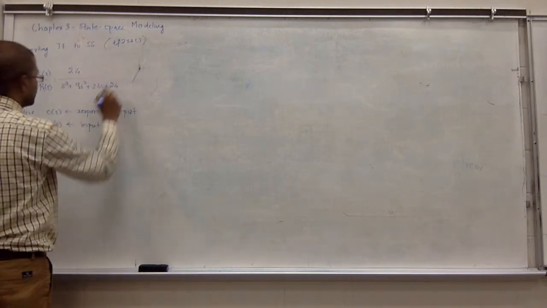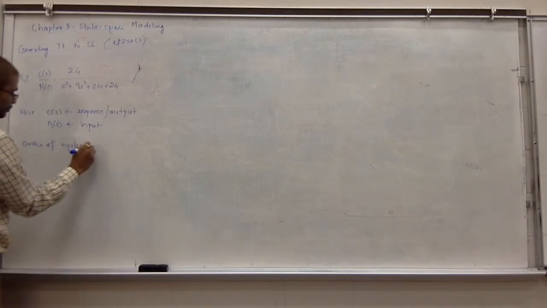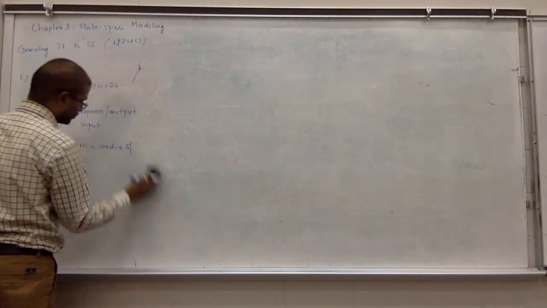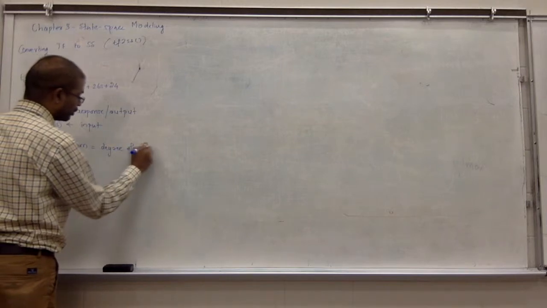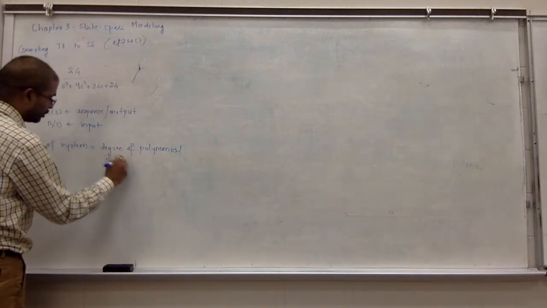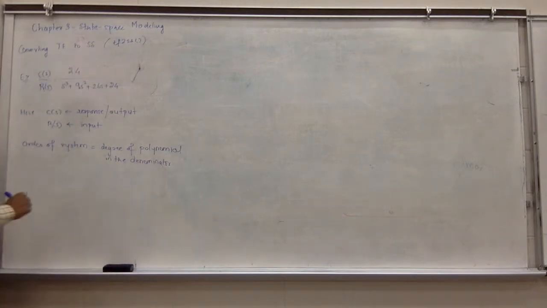The order of the system is very simple: order of system is equal to the degree of polynomial in the denominator. What is the degree of polynomial in the denominator? 3. So it's a third order system.